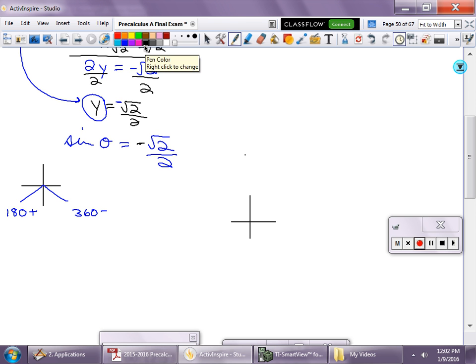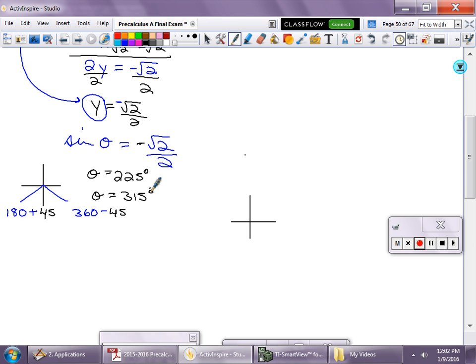The reference angle is 45 degrees, so it's going to be 180 plus 45 degrees, and 360 minus 45 degrees. Use your calculators, use your calculators. So we have our two solutions. Theta will be 225 and 315 degrees.